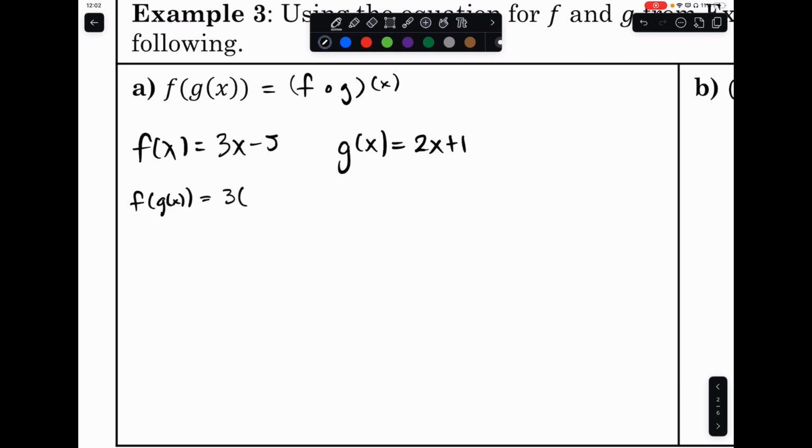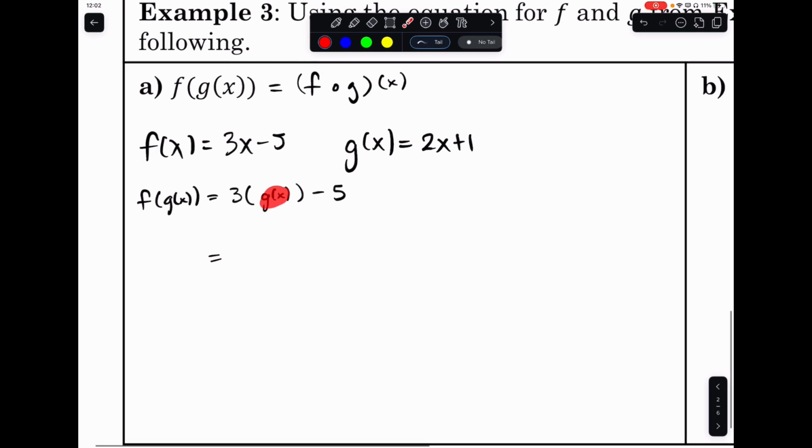So this is 3 times g of x minus 5. Well, we know what g of x equals. g of x is defined as 2x plus 1. So if I replace this with the rule for g, I get that f of g of x is equal to 3 times (2x plus 1) minus 5.